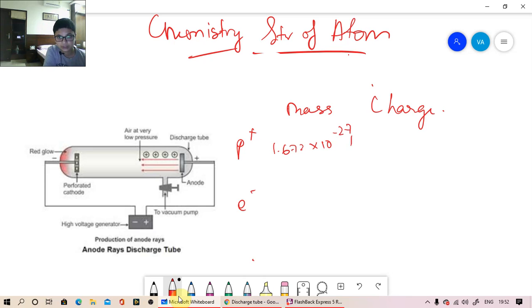This is very less. And the charge of a proton is 1.6 into 10 to the power minus 19 coulombs. Coulomb is the SI unit of measuring charge.